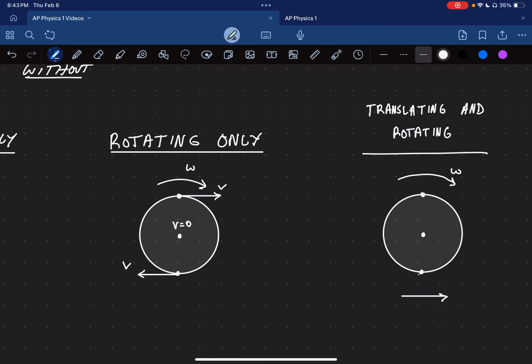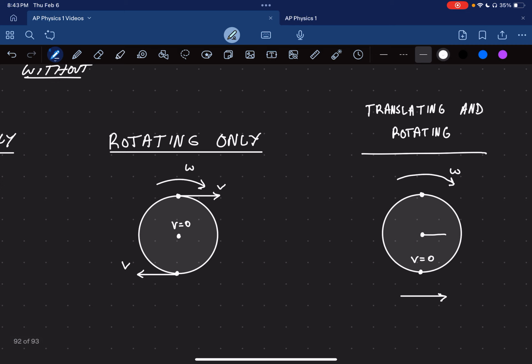And so when the wheel comes into contact with the ground, sure enough, this has to be zero velocity down here. And I'll show you in a second how that makes sense. The axis of rotation here is moving forward with velocity v, and the top of the wheel moves forward with velocity 2v.